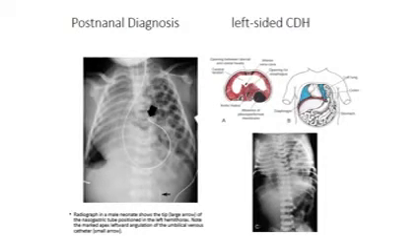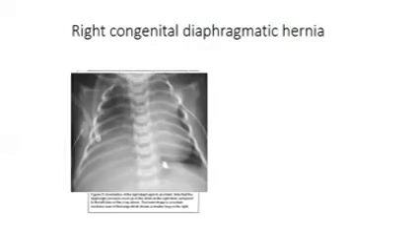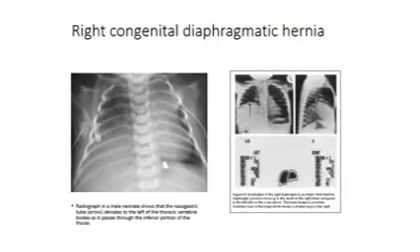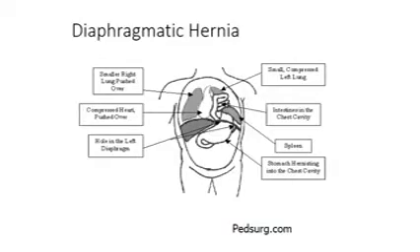This diagram represents the position in the X-ray. Here there is a break in the diaphragmatic dome, and in its place some of the stomach and some of the bowel loops have herniated above into the thoracic cavity. So this is the typical diagram.